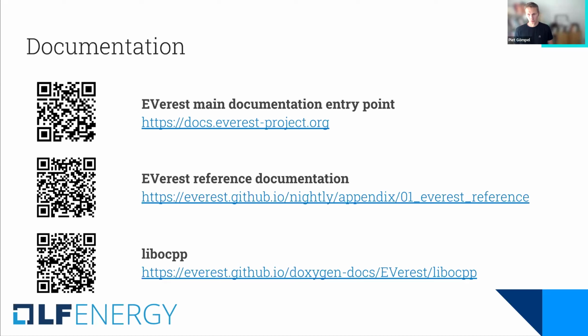And it also contains the reference documentation, which has a separate link below, which contains documentation about all the modules that exist in EVerest, all the interfaces, all the types, which is partly auto-generated documentation based on the types and interfaces, which is very useful, but there's also lots of custom handwritten documentation around all the modules that is very valuable. And then for libocpp, we actually have the hosted Doxygen documentation on the link that is shown below.